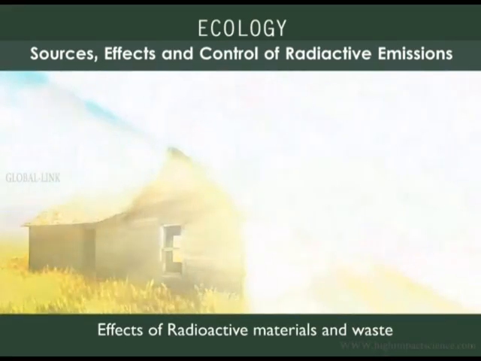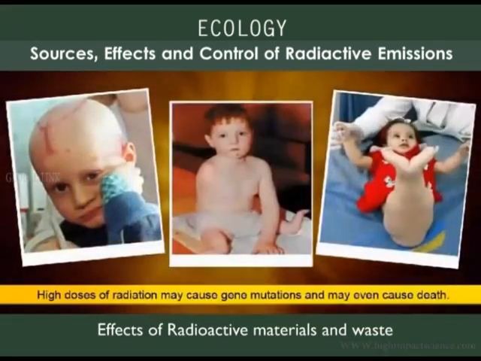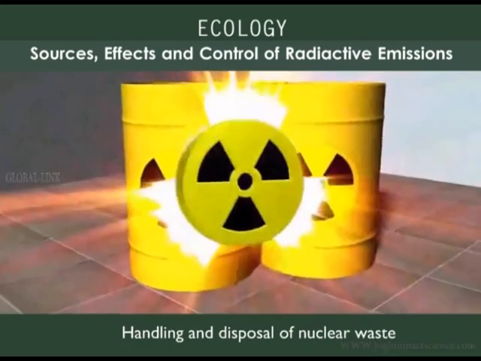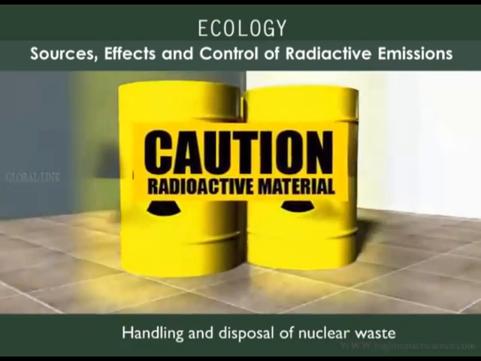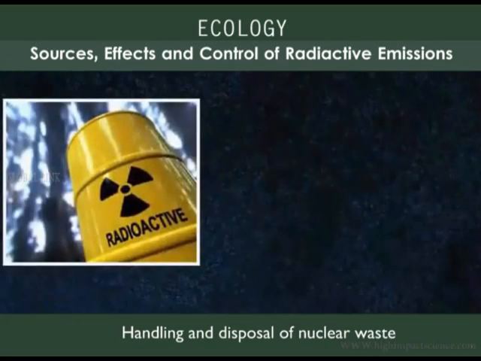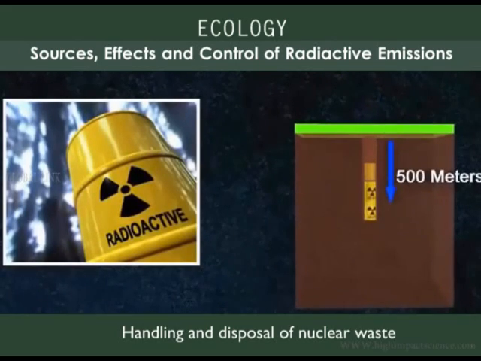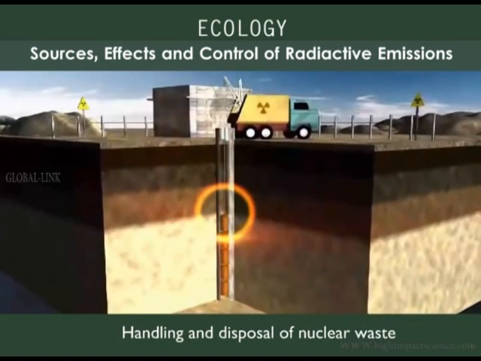Exposure to radiation can cause serious health issues, including mutations and cancer. Nuclear waste must therefore be handled with extreme care. It is recommended that the waste be buried at least 500 meters below the Earth's surface after it has been shielded and stored in sealed containers.